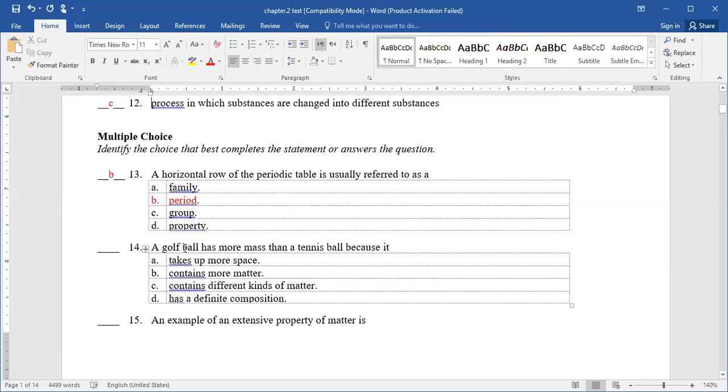A golf ball has more mass than a tennis ball because, so I'm talking about the mass, it takes up more space, that's volume; contains more matter; contains different kinds of matter; has a definite composition. It contains more matter, so it will be number B. I'm talking about the amount of matter when I say mass.